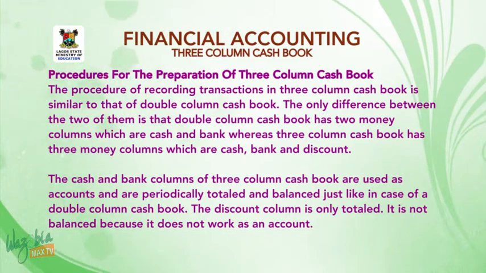The cash and bank columns of 3-column Cashbook are used as accounts and are periodically totaled and balanced, just like in case of a Cashbook. The discount column is only totaled. It is not balanced because it does not work as an account.